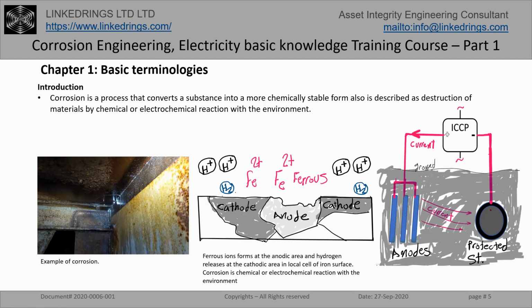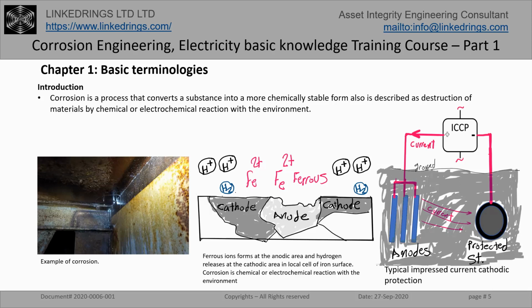Here we can see a typical schematic diagram for impressed current cathodic protection, in which the protected steel, like protected steel underground, receives a current, which we call protective current, from the anodes.